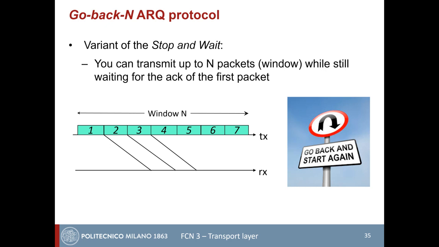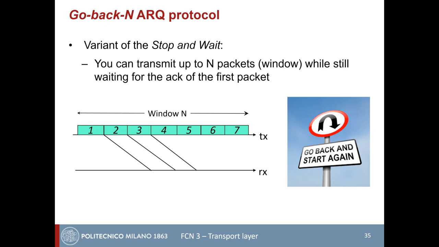How many packets can it transmit? It depends on the size of the transmission window. The transmission window is a parameter that limits the number of packets that can be transmitted while waiting for the ACK. So this is why N usually is the size of the transmission window.